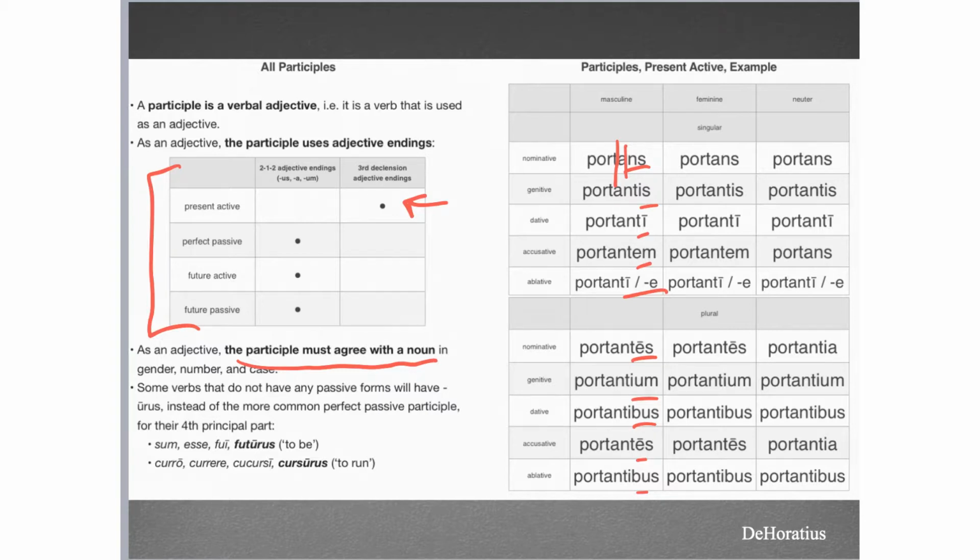So portans, portantis is sort of the way that we remember the nominative and the genitive. And I just point out that it's no different from other neuter forms, but the accusative is going to be the same as the nominative because the nominative neuter is the portans form. The accusative neuter, singular, will be the portans form as well. Otherwise, they function ending-wise just like any other third declension adjective.